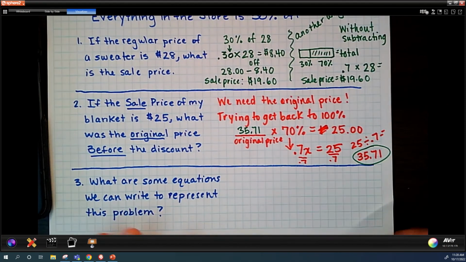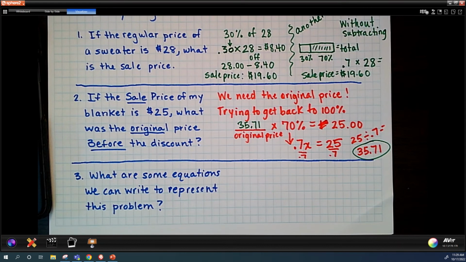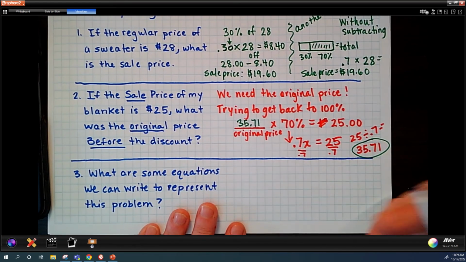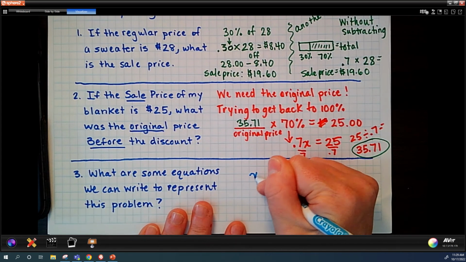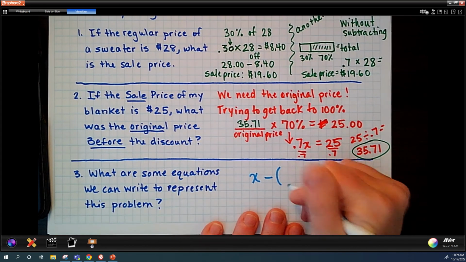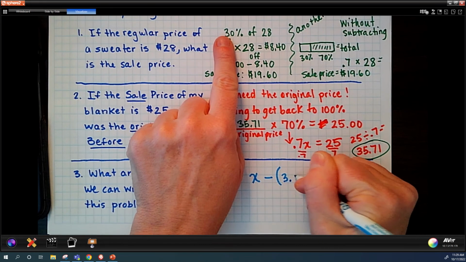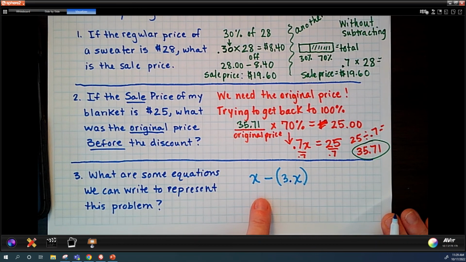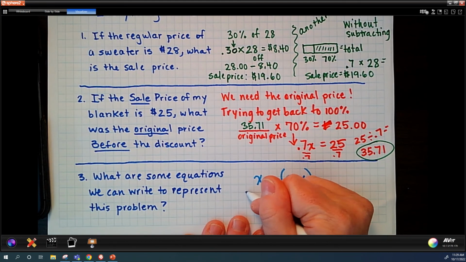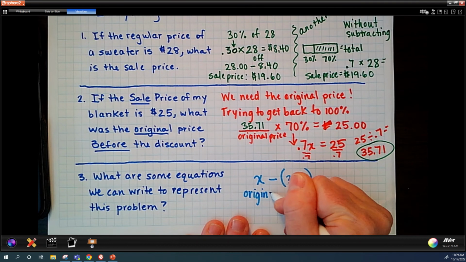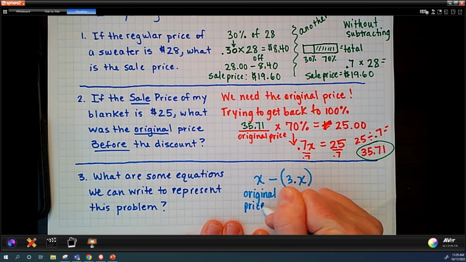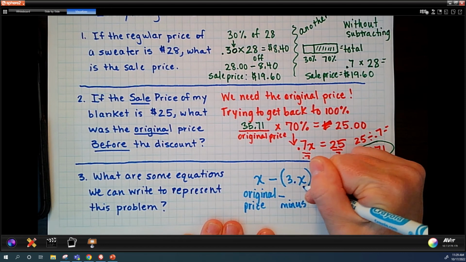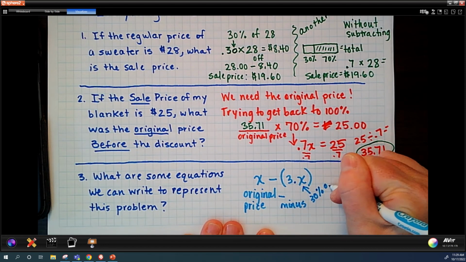All right, equations. How can we write some equations to represent this? Well, we did a couple here. We could do this strategy where we're subtracting. So we could say x minus 30% times x. This would represent the first situation: the original price minus 30% of the original.